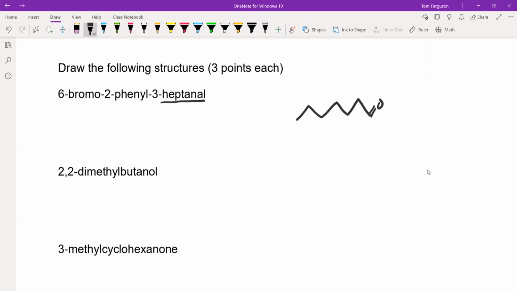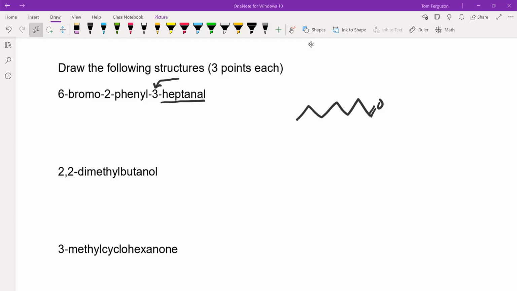And what is wrong with this, putting a 3 there? Is it because the double bonded oxygen needs to be on either the front or the end of the molecule? It can't be on the 3rd position. Right, because aldehydes have to be on the end, period.